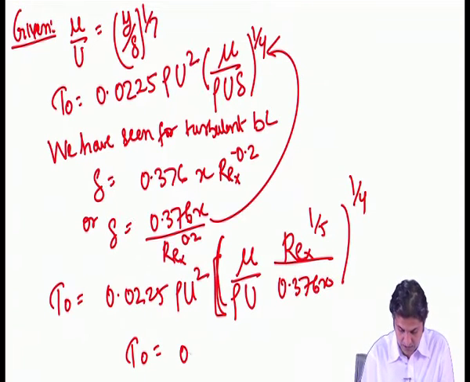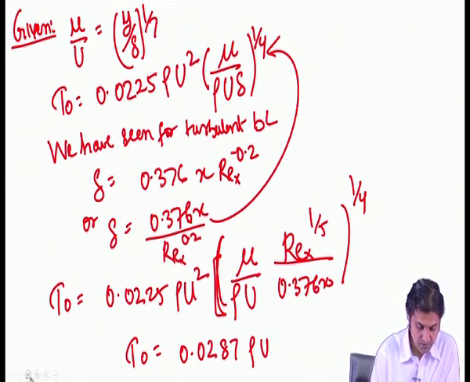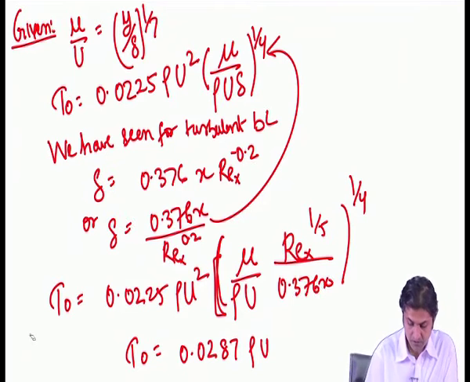we can get tau is equal to, so there are some steps which you will have to do, 0.0287. Okay, I will not miss those steps.